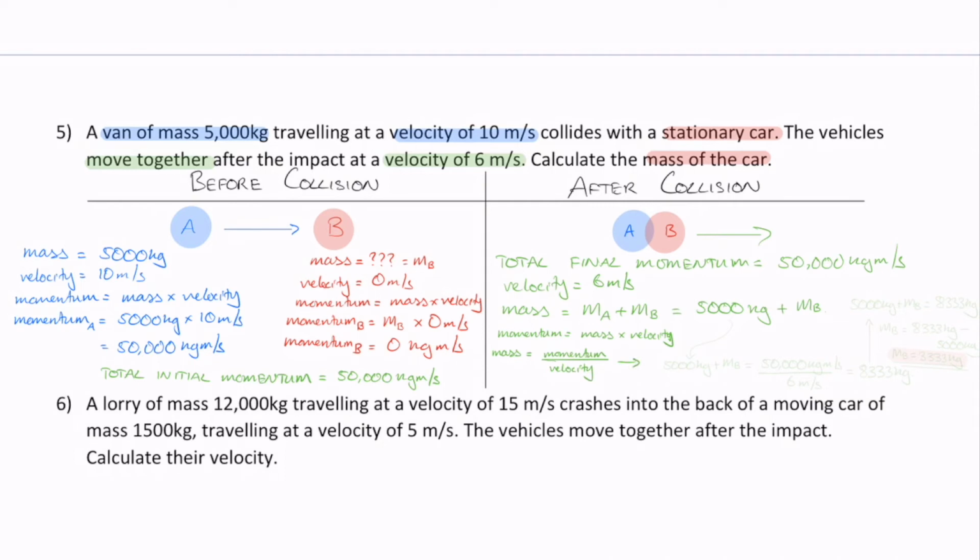And if we substitute our values into this equation, we can find that mass, which is from here, 5,000 kilograms plus MB, is equal to 50,000 kilogram meters per second divided by 6 meters per second. 50,000 divided by 6 is rounded up 8,333 kilograms.